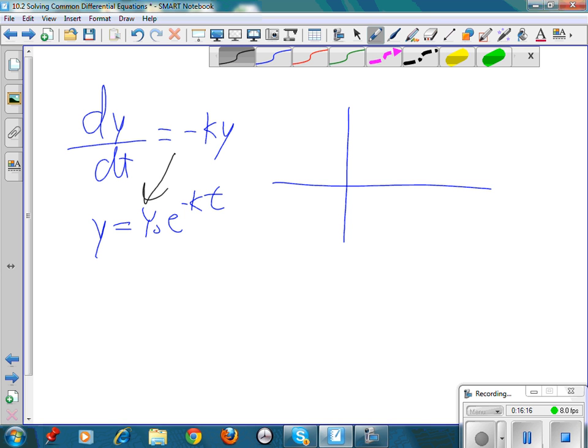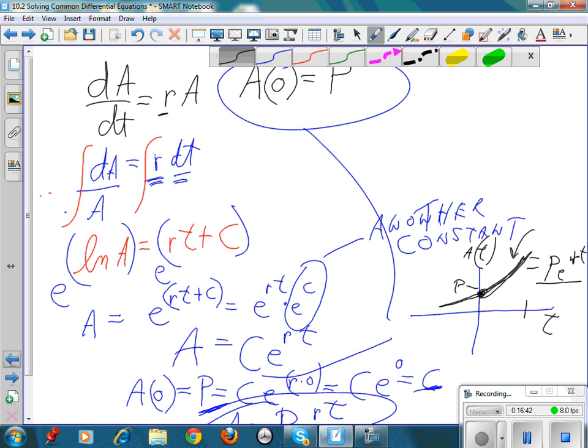I didn't show you the steps, and it would come down like this. This would be y of t. This is t. Where does it start? It starts at y0. And it decays. So this is exponential decay, versus this exponential growth.